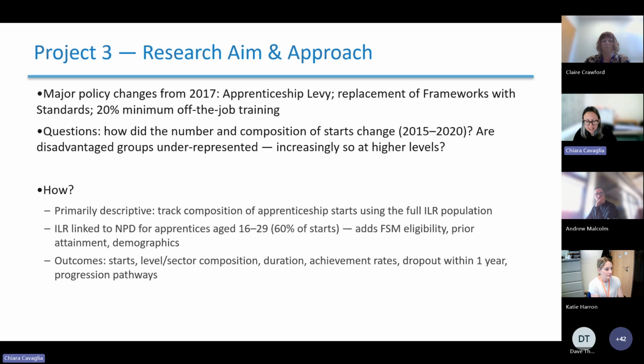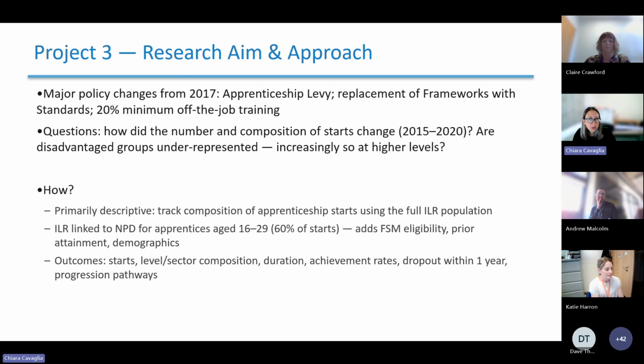This is a descriptive project that aims to look at what happens to the characteristics of apprenticeships and to the number of apprenticeship starts between 2015 and 2020, motivated by the fact that in those years there have been major policy changes.